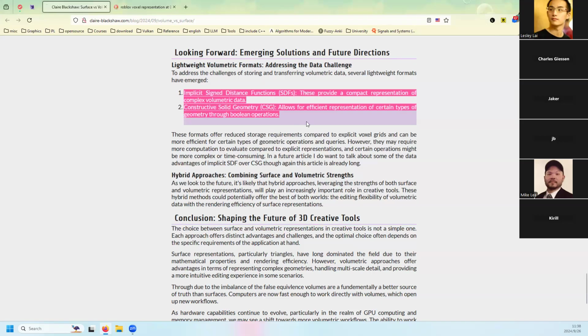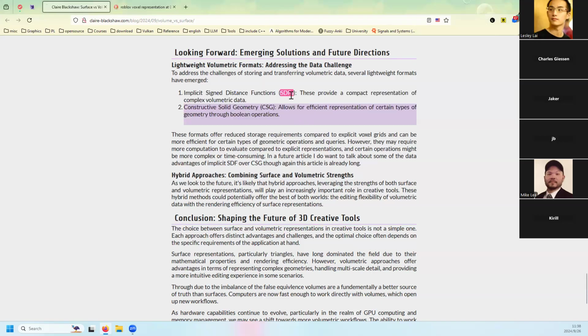And yeah, we can often combine SDFs with CSG. Yeah, the SDFs are kind of a superset there, because you can definitely do CSG.